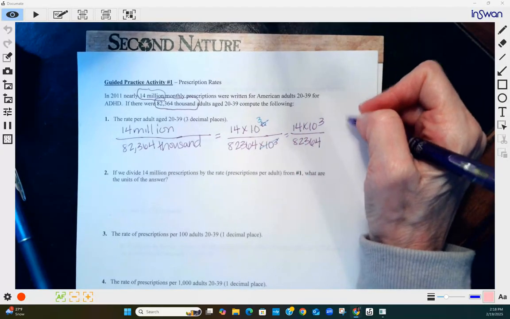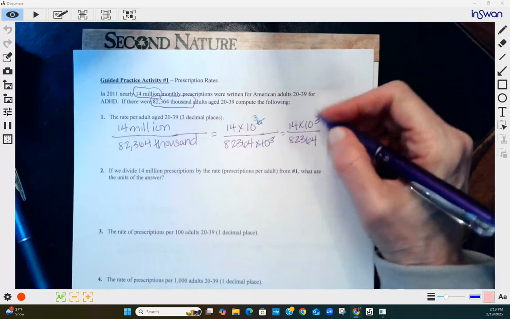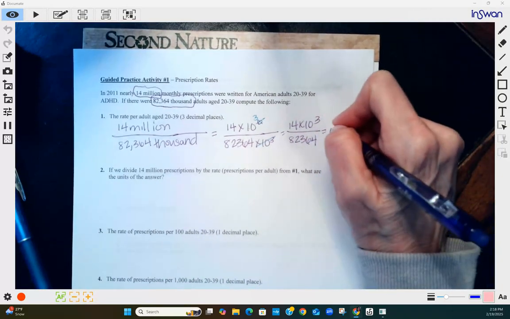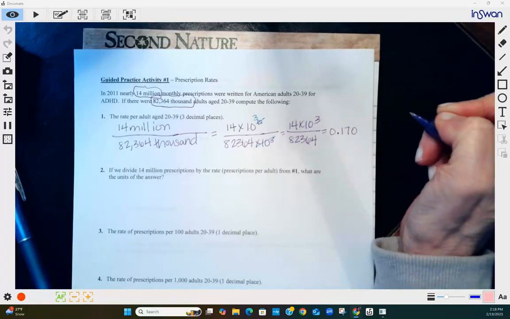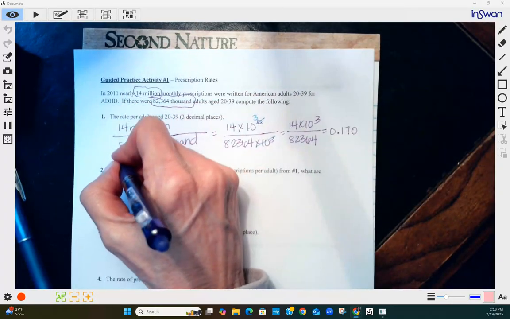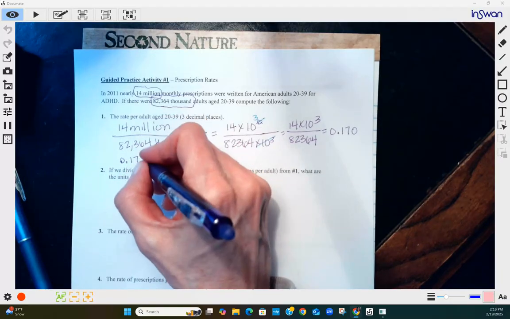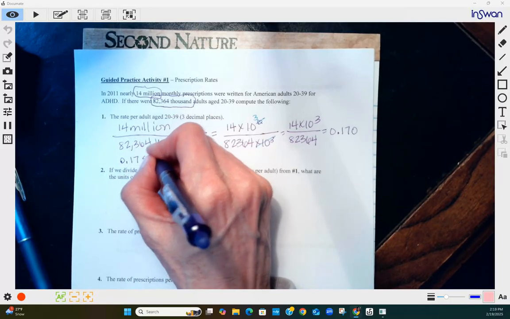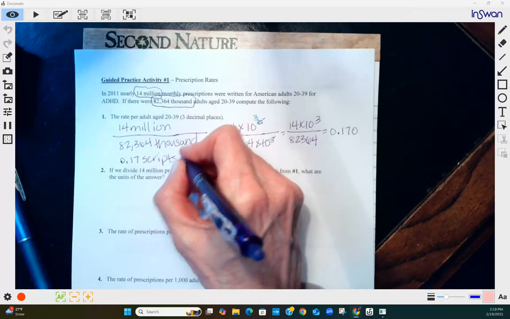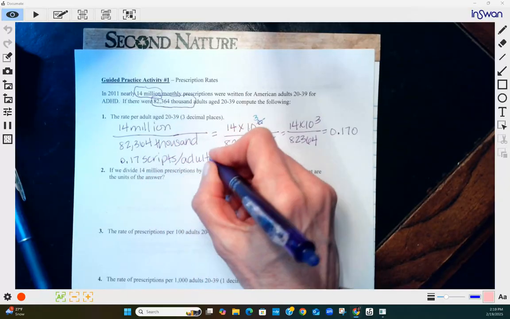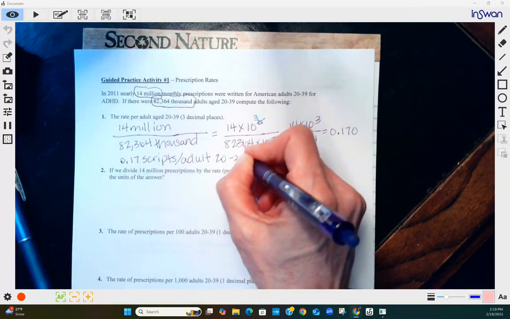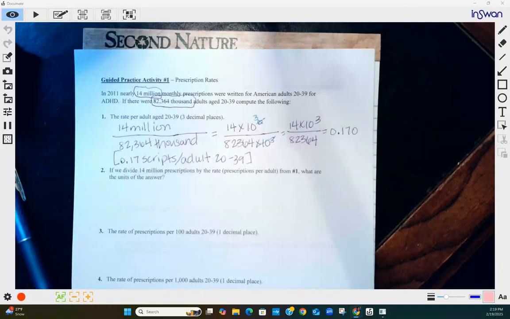This is just 14 with 3 zeros divided by this, and you get 0.170. What does that mean? It means there's 0.17 prescriptions, I'm going to use script as a shortcut for prescriptions, scripts per adult 20 to 39. That's what we've just determined. That's the rate: 0.17 prescriptions per adult in this age range.